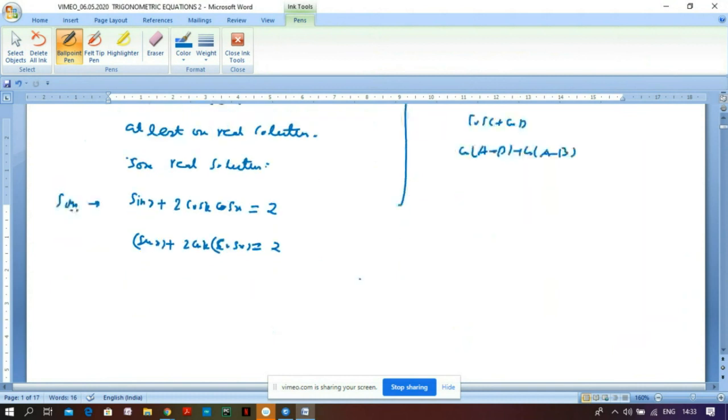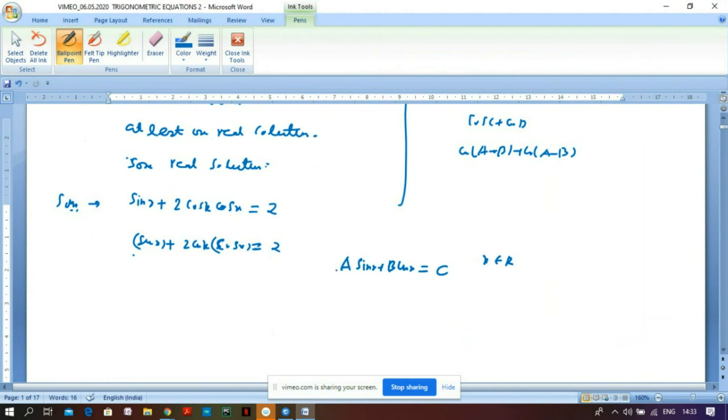We see that this is of the form a sin x + b cos x = c. You don't want to find x; rather, your interest is in the set of values of k such that this equation has at least one real solution, meaning some x in R satisfies it.